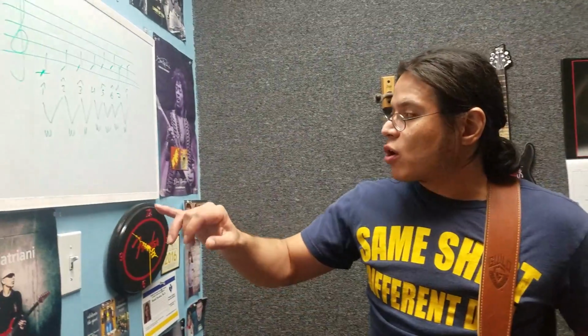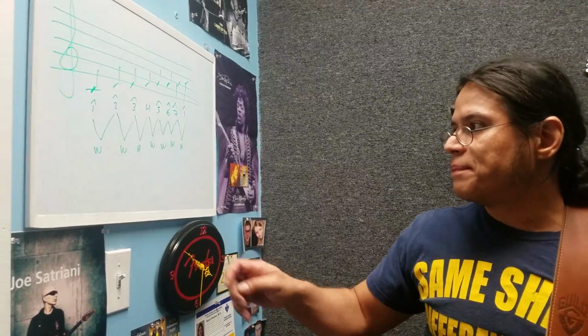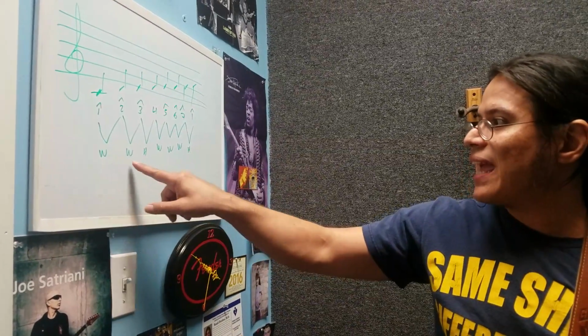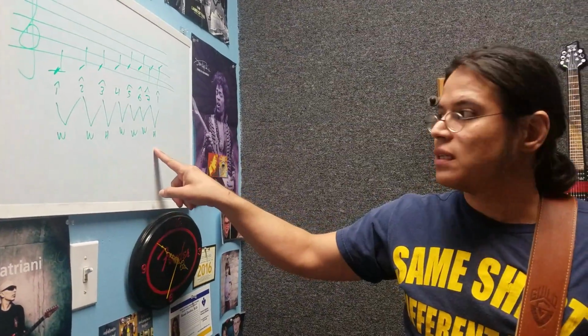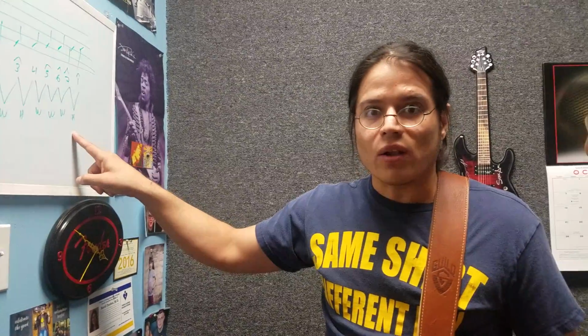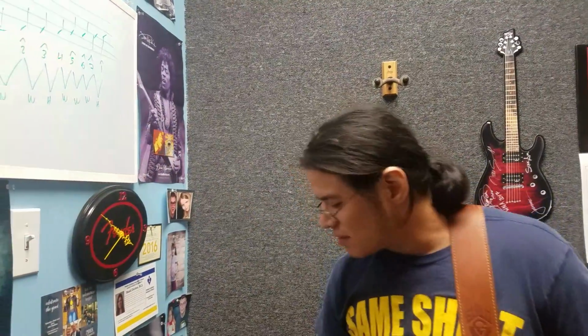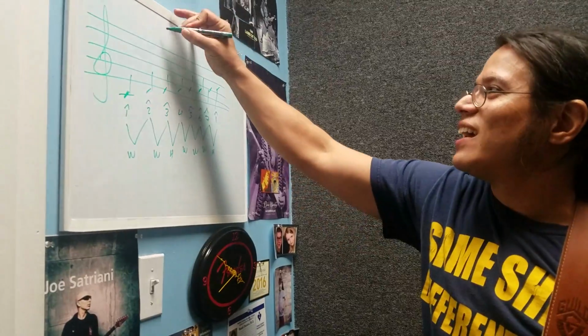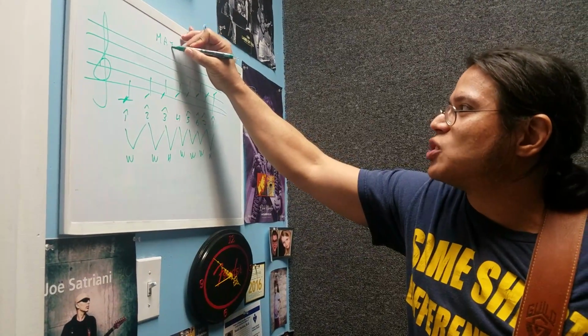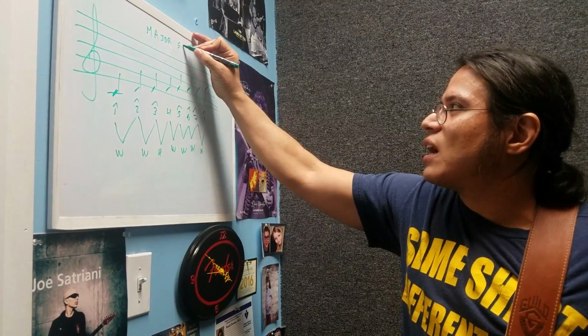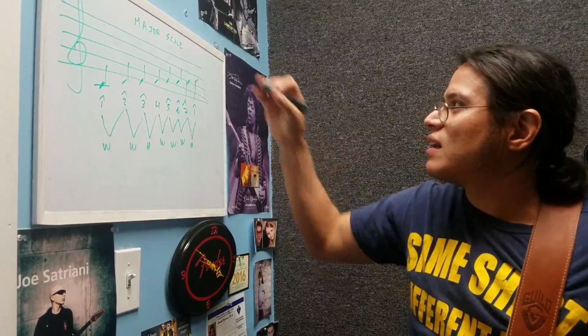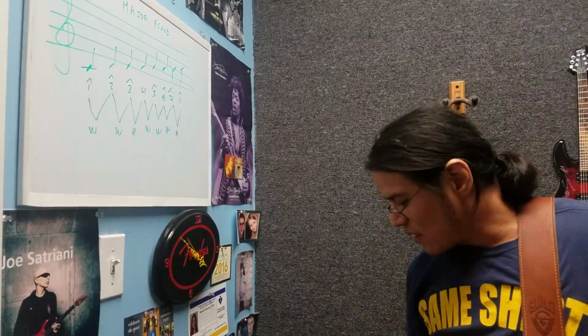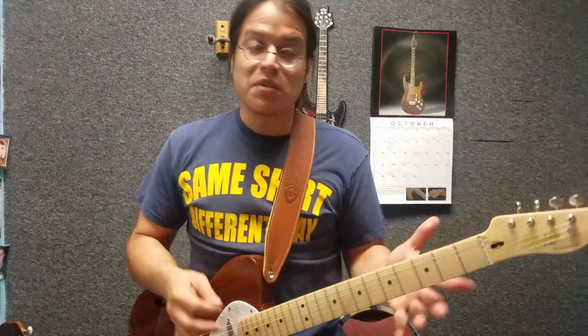Notice that regardless of what note I start on, as long as I maintain the distance the same, the scale is going to be the same. In this case, we have to put a title on this: the major scale. It doesn't matter where I start.